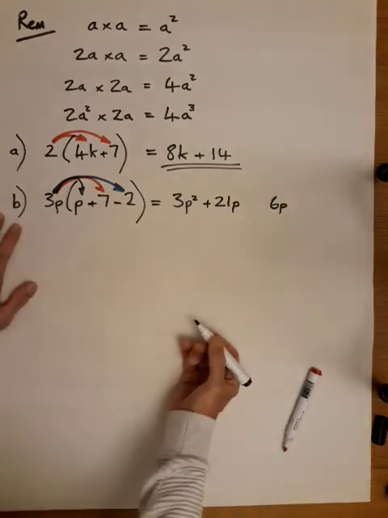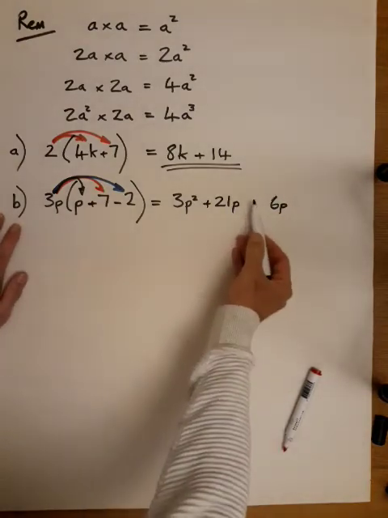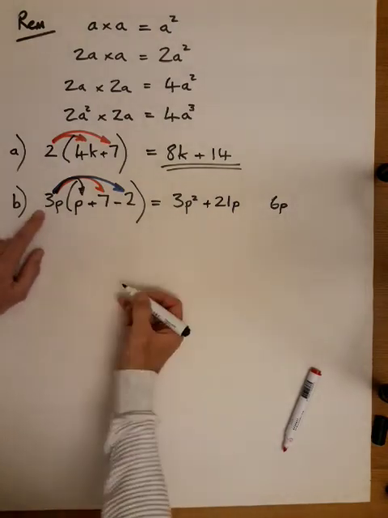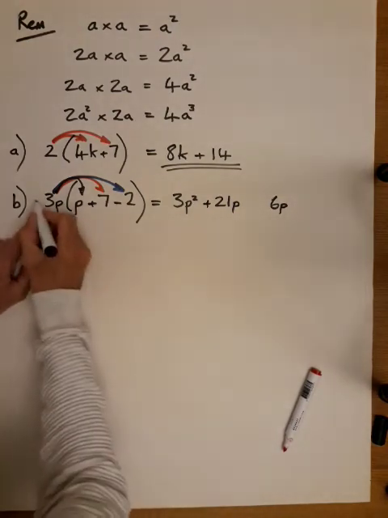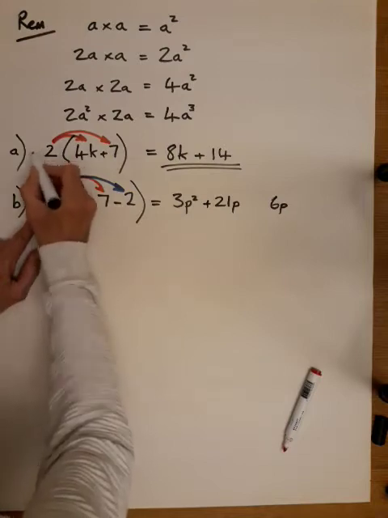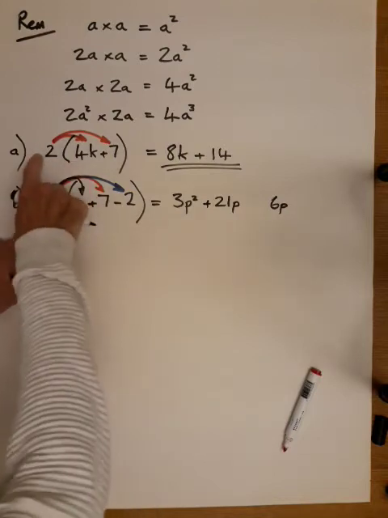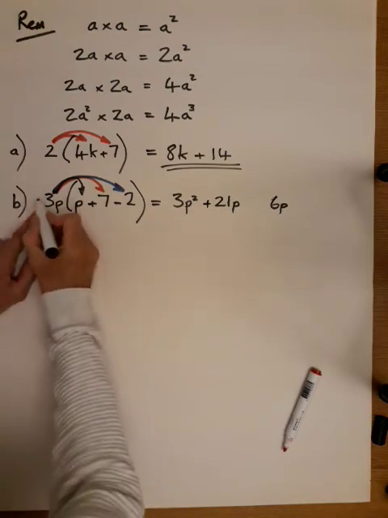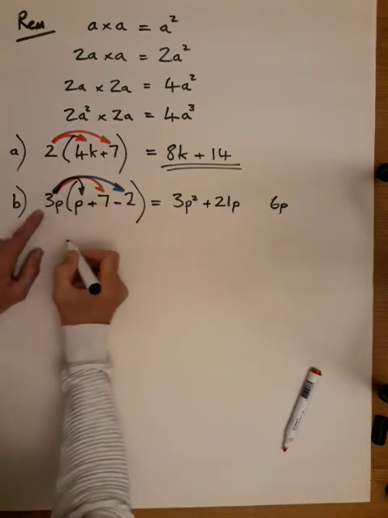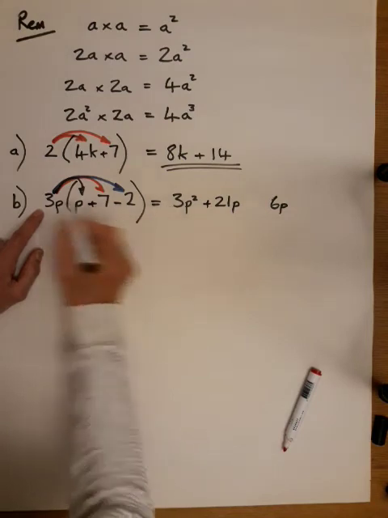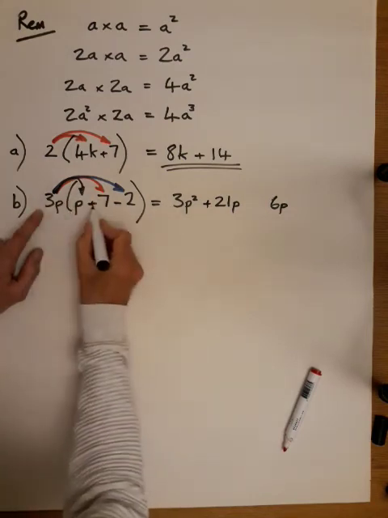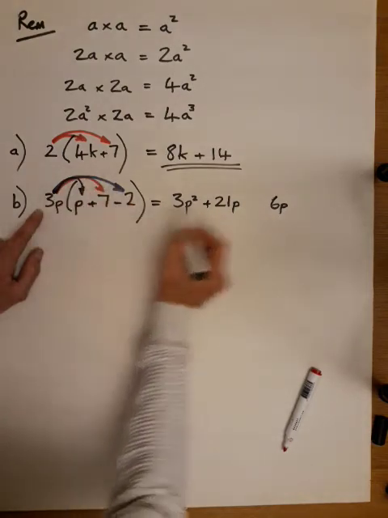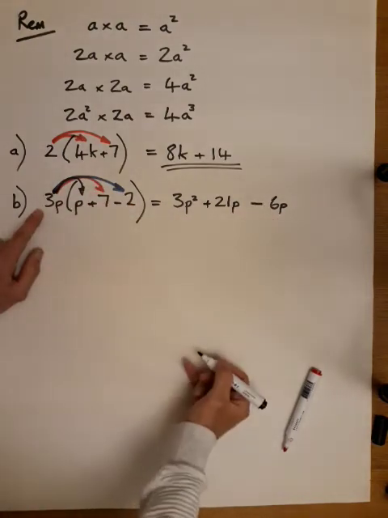Let's just talk about the sign that goes in here. If we come back to this, this is correct at this point in time. There is a plus there that we never talk about, and there is a plus there. If it's minus, we'd indicate it, but if it's plus, we omit that. So this is a plus times a plus is plus. A plus times a plus is plus. And a plus times a minus is minus.